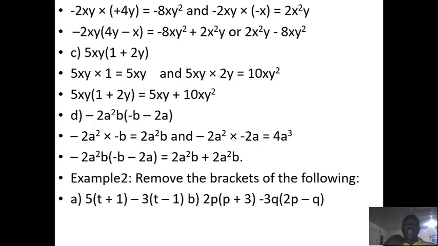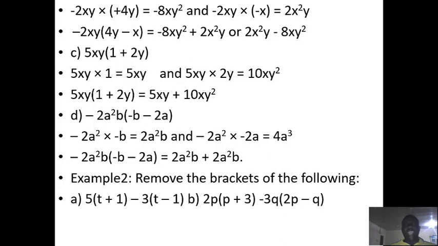Minus times minus is plus. Then 2 times 1 is 2. X times x gives us x squared, then y. So that simply means that minus 2xy times minus x will give us 2x squared y. So bringing the two expressions together, we have minus 8xy squared plus 2x squared y.